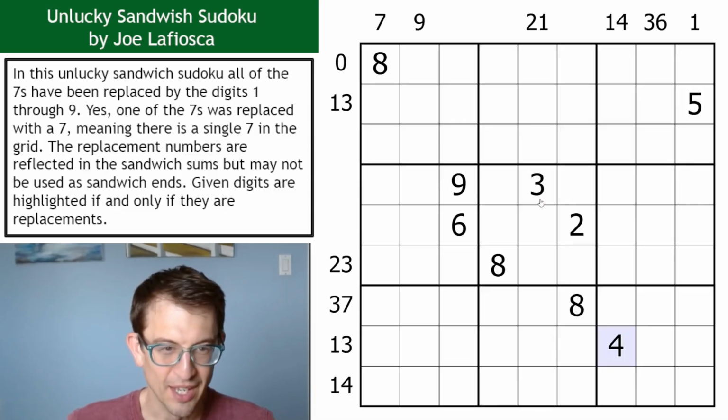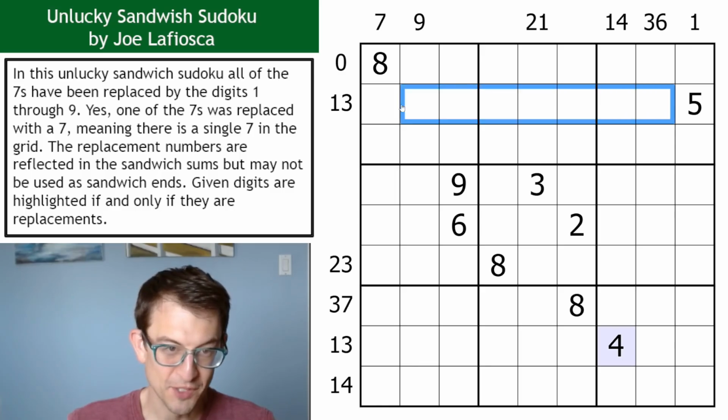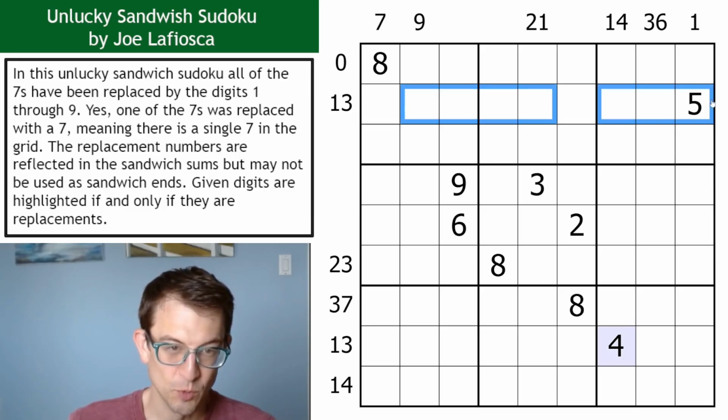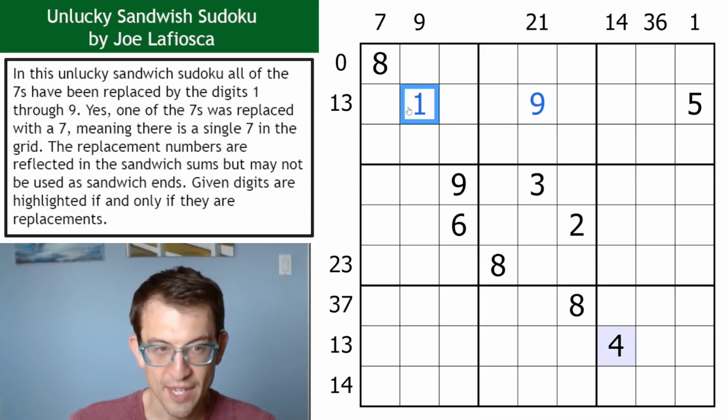So I guess I should explain what a sandwich is actually. So a sandwich means, let's take this 13 as an example. Then somewhere in this grid, ignore the 7s rule for a second because that's going to complicate things. But somewhere in this row is a 1, let's say it's here, and somewhere there's a 9, let's say it's here. So 1 and 9 are always going to be the crusts of our sandwich.